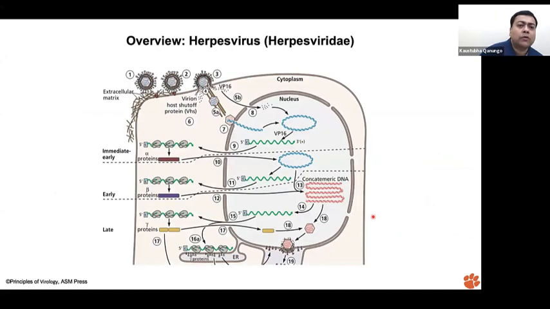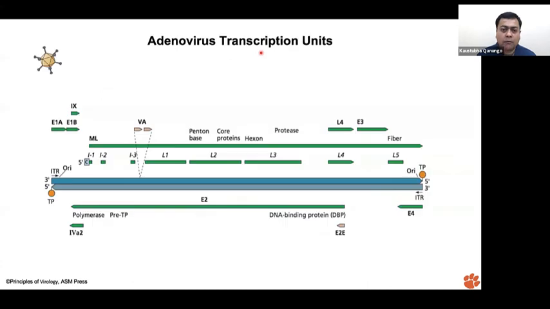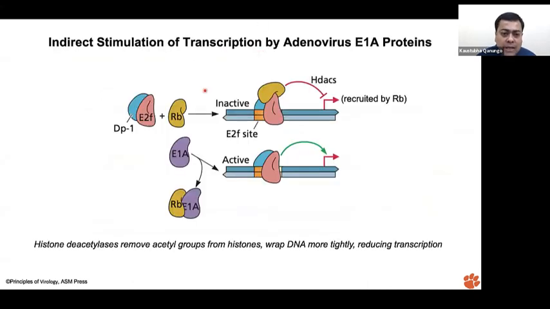So the next, what we are going into, is the most complex herpes virus genome system, and this has a fairly large size of DNA. What we have seen so far right here is that these are the cellular transcription factors associated with at least one host protein.